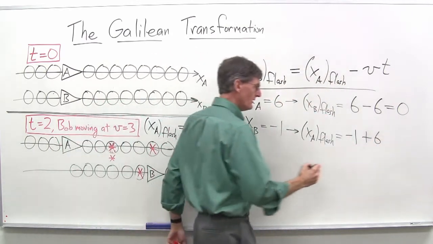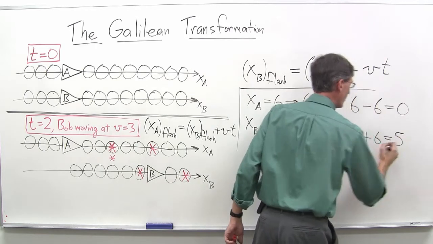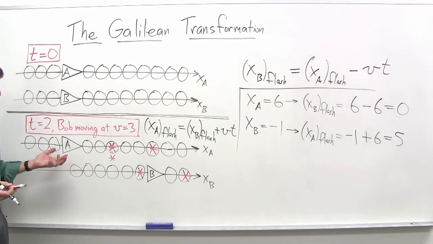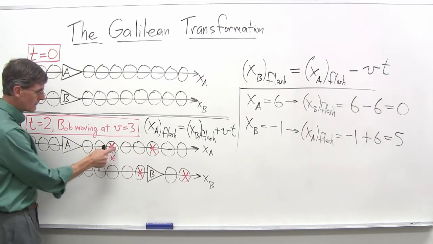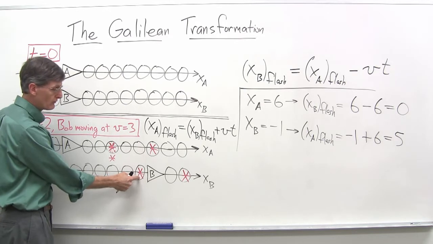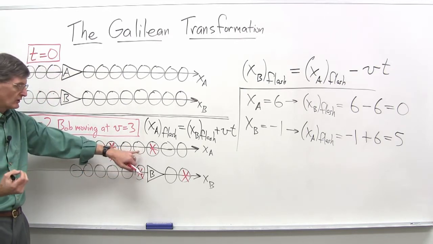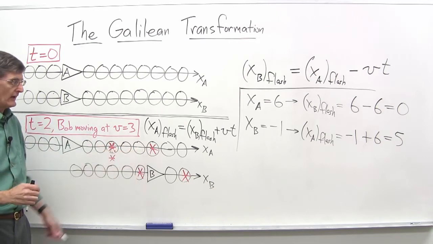That was correct. We get an answer of 5. Okay, 6 minus 1 equals 5. Is that correct? Well, let's see. So that's Alice's position. 1, 2, 3, 4, 5. Yes, Bob occurs at -1. Alice occurs, therefore, the same flash from Alice's perspective occurs at 5.